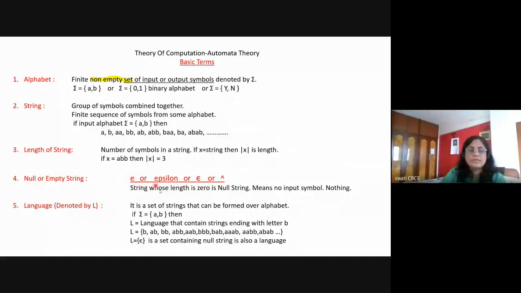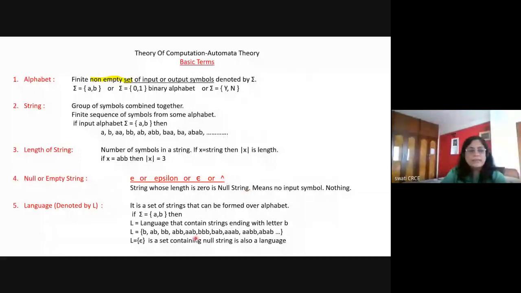In some books or websites, it is represented as small e or this epsilon symbol, or a cap. I am going to use this epsilon symbol in my problems everywhere, and I am going to use sigma to represent my input alphabet. But in the books, whether it is a cap, small e, or epsilon, it is the same null string.